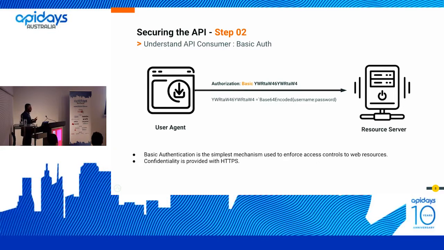The platform or the API gateway or the API platform that you have should be able to do that, or you need to build that capability within yourself. Because what we are looking at is frictionless API consumption. So when it comes to basic authentication, we are just passing the username and password, base64 encoded, right?